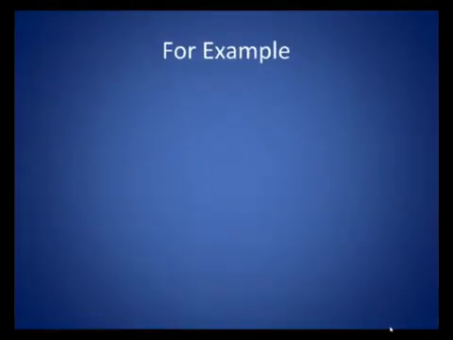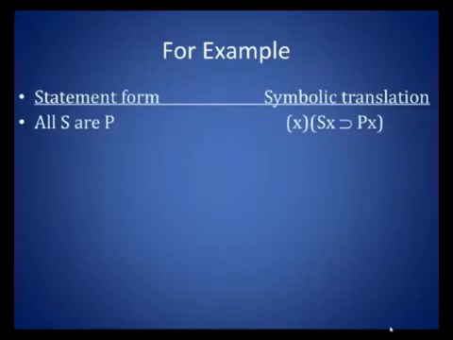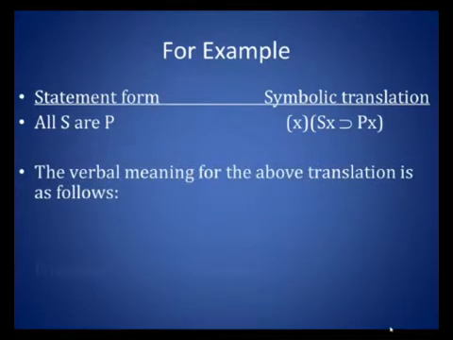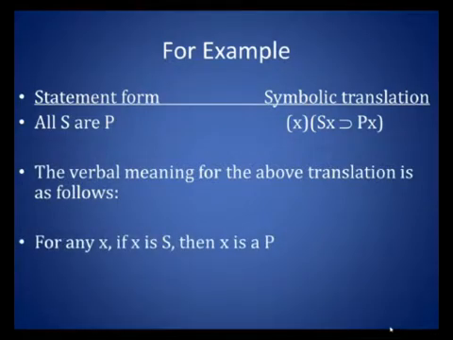So let's look at one. All S are P would be translated as is on the right. I have a universal quantifier. I take one of my individual variables, in this case, we chose x. We put it in parentheses. Remember, that means for any x, or it could mean for all x. Then I have if x is S, then x is P. So the way to word this is to say, for any x, if x is S, then x is a P. Notice our original statement form.